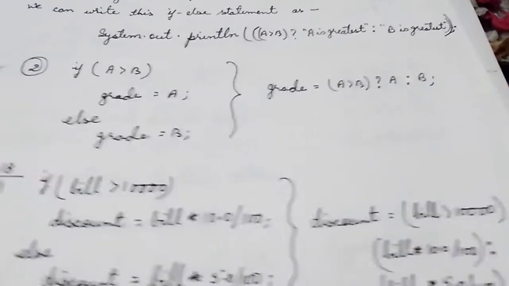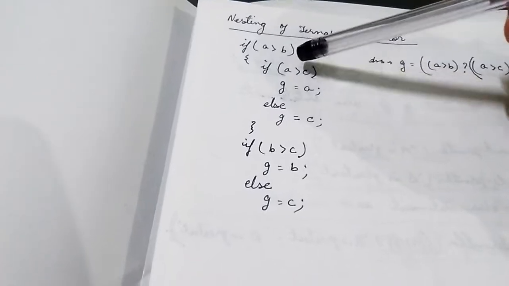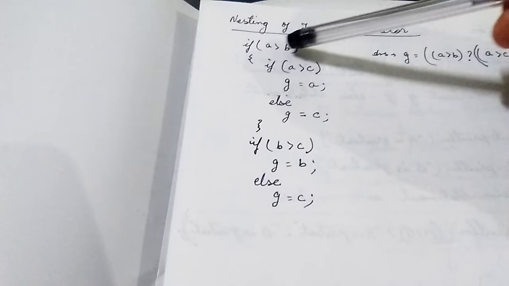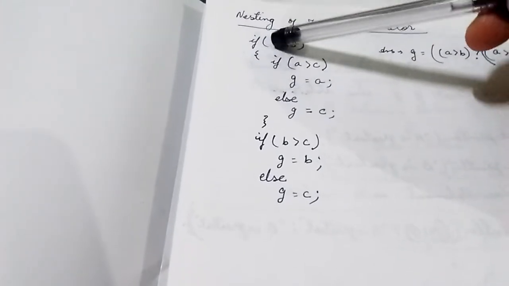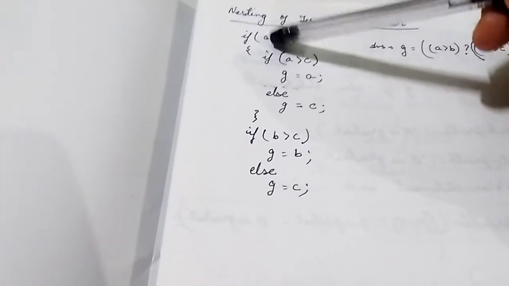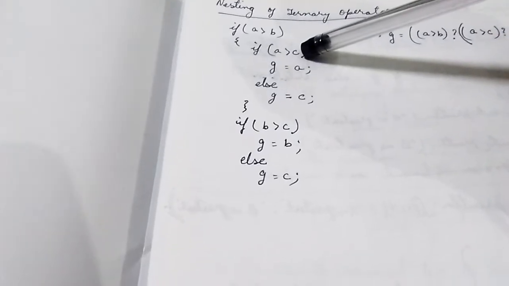The next form of the ternary operator is nested. Nested means one inside another. This is also a question from your book. We see here, if A is greater than B, and if this returns true, then we go and check whether A is greater than C or not.